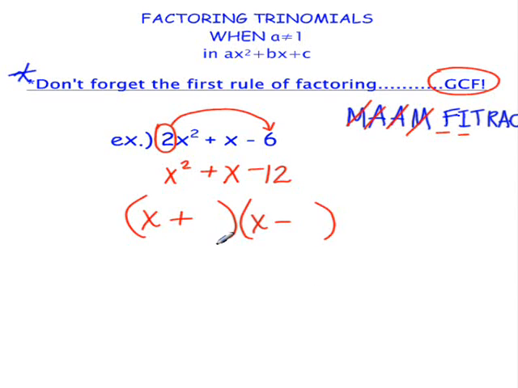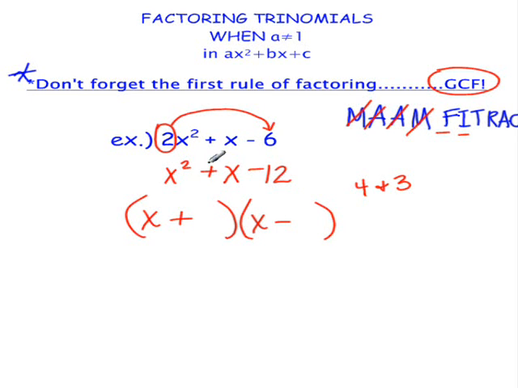Now, it doesn't matter which place you put them in. One needs to be positive, one needs to be negative. So let's think about this. Two numbers that would multiply together to get negative 12, but add together to get a positive 1. All right, if you're thinking 4 and 3, you are on the right track. It is 4 and 3. Now, it's a matter of which number do you put with which sign.